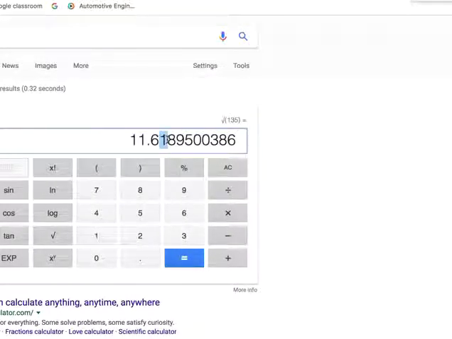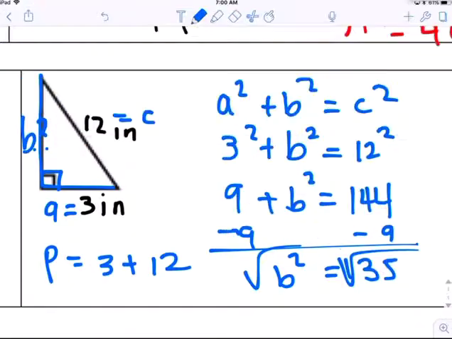11.6, and the 6 stays the same because this number is a 1. 6 stays the same. 11.6 inches. So this is plus 11.6 inches.